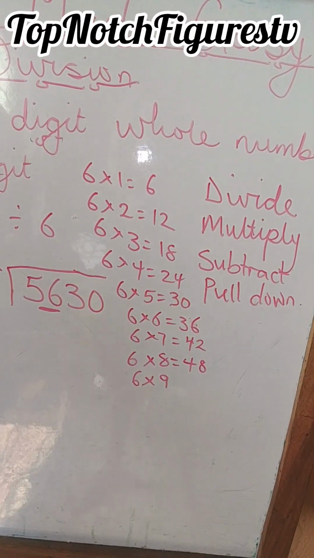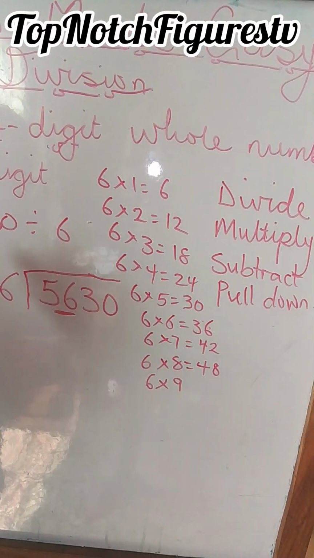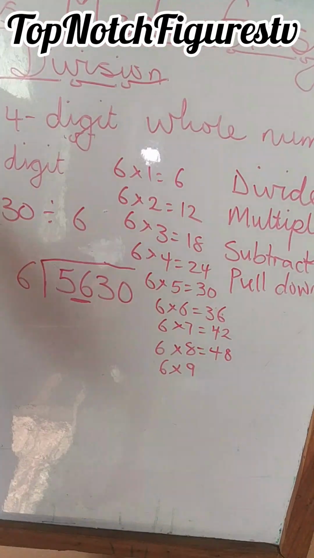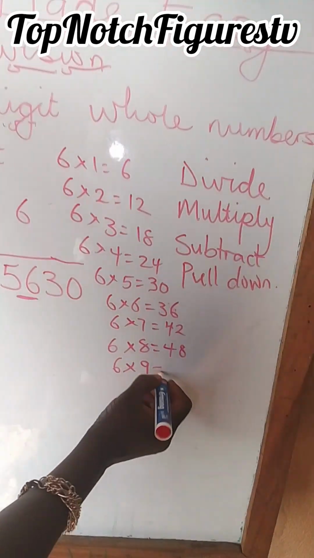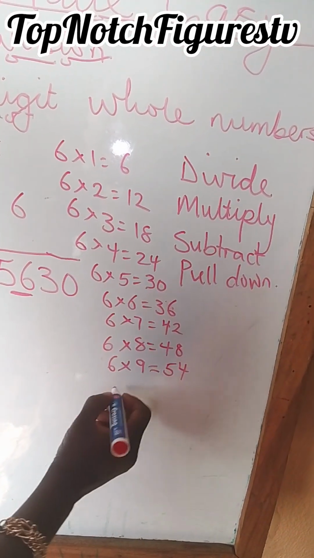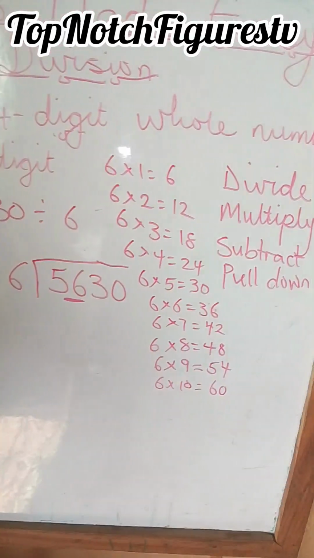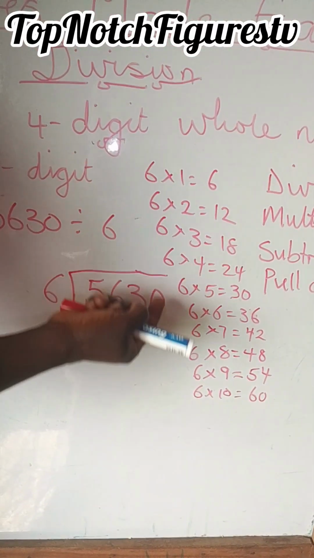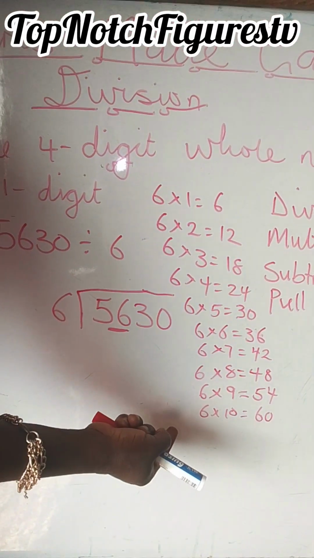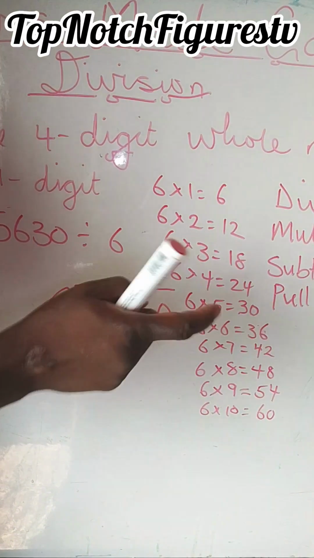Remember, I said a number very close to, but not more than. So what is 6 times 9? 6 times 10. Let's stop at 6 times 10. Which number is closer to 56, but not more than 56?